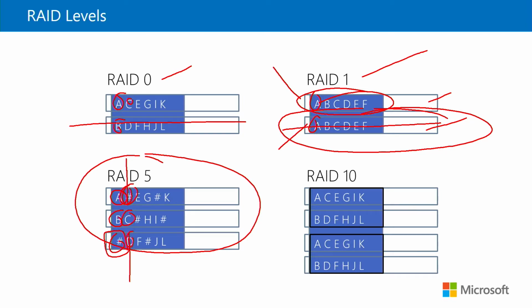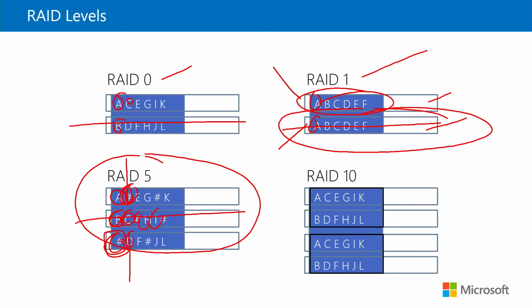And you can see what's happening is this parity data is moving among the disks. So if I were to lose disk 2, there's enough parity information between disks 1 and 3 to rebuild block B, block C, block H, and block I so that I don't lose any of my data.